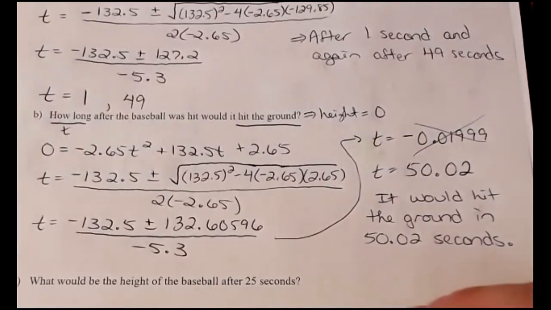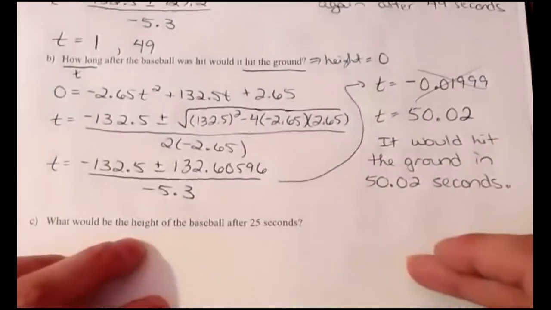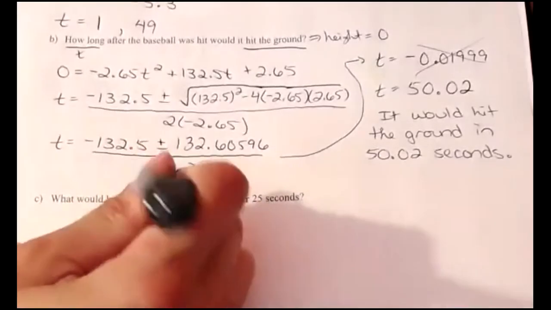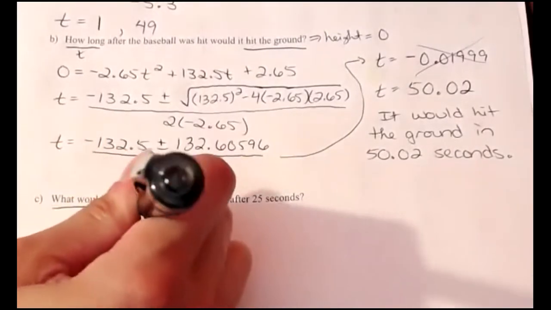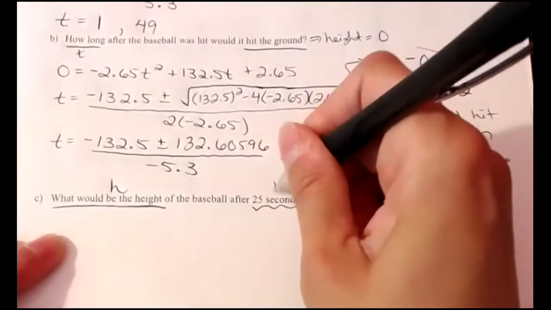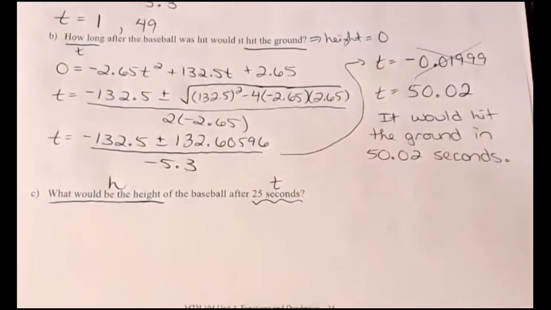Last part, what would the height of the baseball be after 25 seconds? So we want to know the height. I don't know what the height would be, but we know the time is 25 seconds. This is great because that implies I can replace my variable t with 25 and then simply plug this into my calculator.